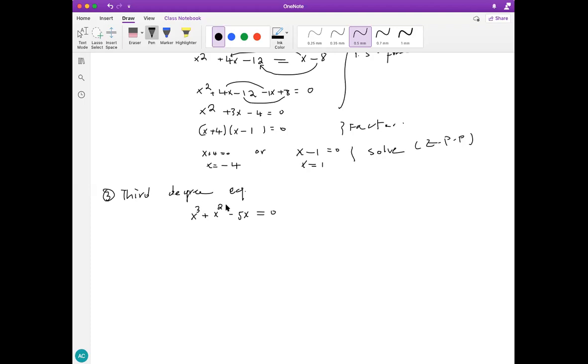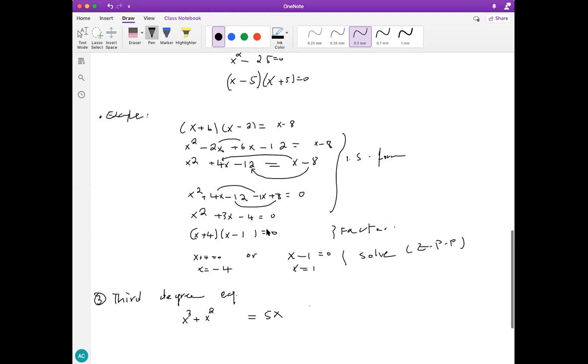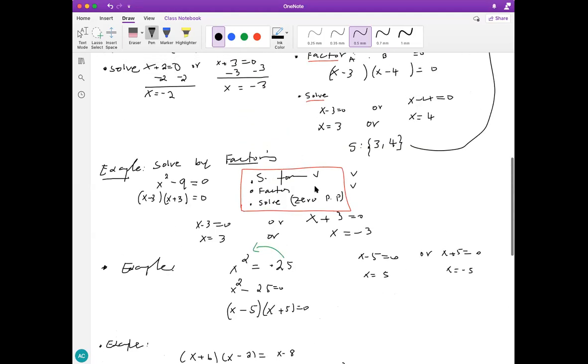This is a third degree, not a quadratic equation. But believe it or not, the steps are exactly the same. Let's put this one on the other side. Even though it's third degree, the same steps apply.